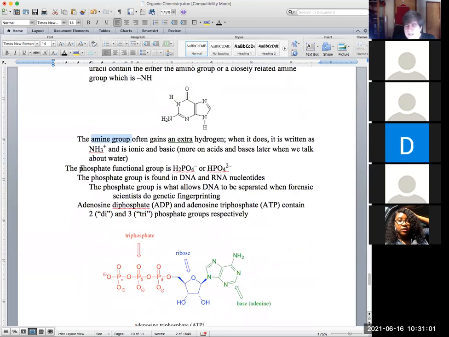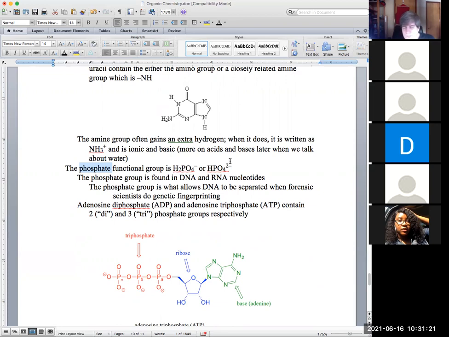Okay, finally, the last functional group that we're going to talk about is the phosphate group. And the phosphate group is H2PO4 with a negative charge, or HPO4 with 2 negative charges.